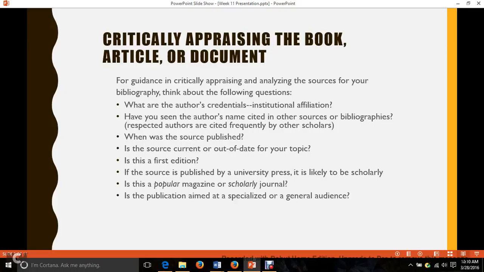When was the source published? So this is something that's important to look at when we determine reliability. So you may find information that's relatable, that relates to your topic itself, but it may be out of date. So say you find a source that was published in the 70s, well, a lot of that information has probably changed.